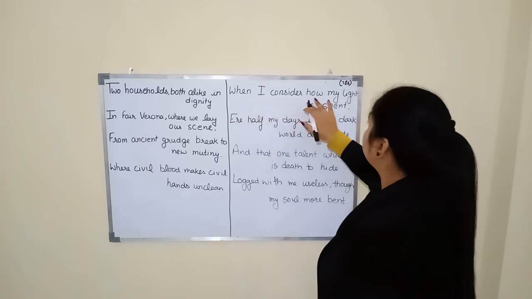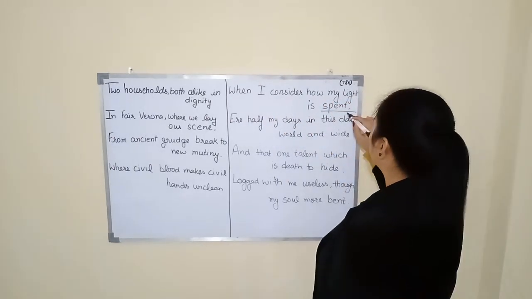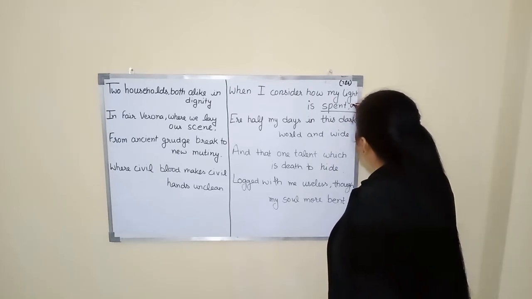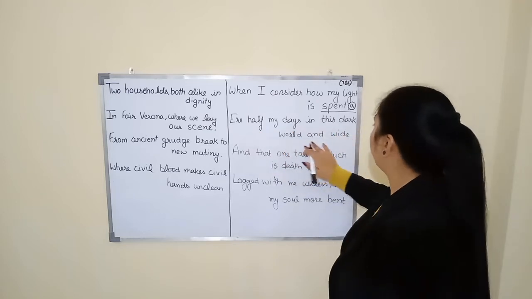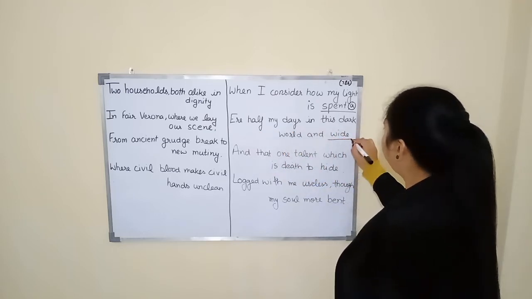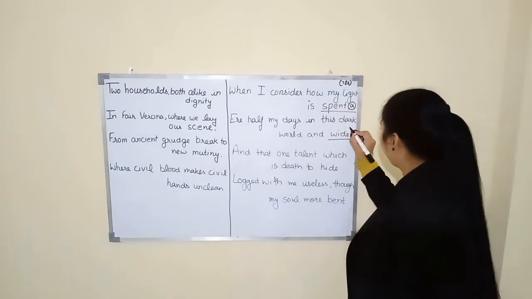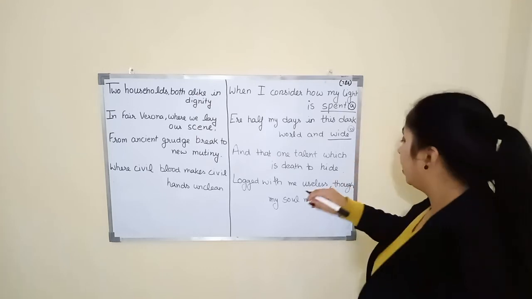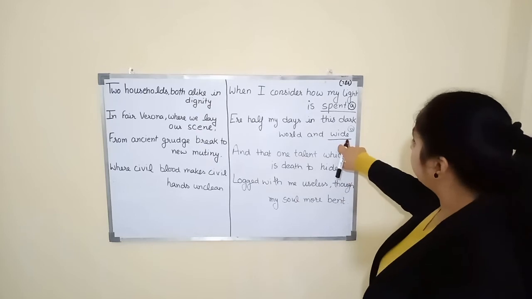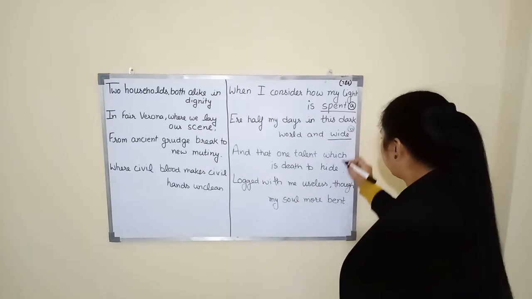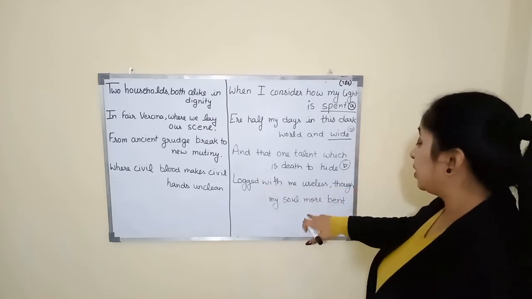So, "When I consider how my light is spent", we'll see the last word only, spent. So we write A here. "Half my days in this dark world and wide." Wide does not match with spent, so we'll write the second alphabet, B. "And that one talent which is death to hide." Hide, wide, B. So again, this matches with B. "Lodged with me useless, though my soul more bent."